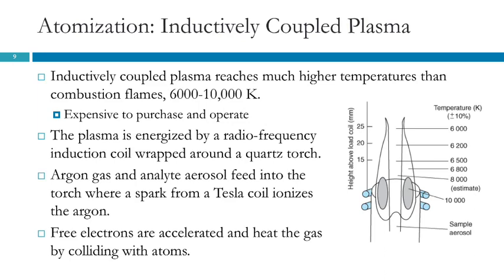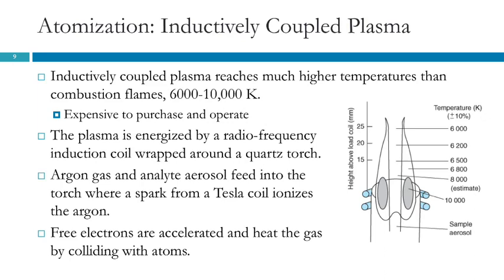So the plasma gets energized by a radio frequency induction coil that's wrapped around a quartz torch. So here's the quartz torch, and we've got this coil wrapped around. So we're going to feed our sample, aerosolized, and is that a word, aerosolized?